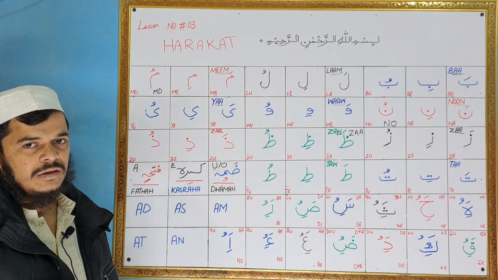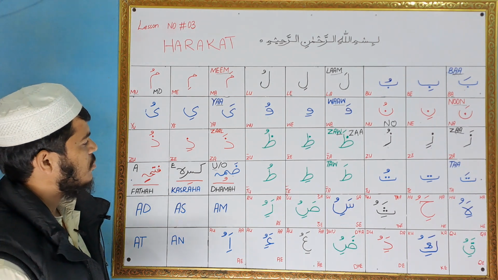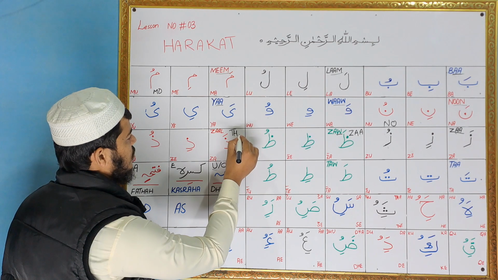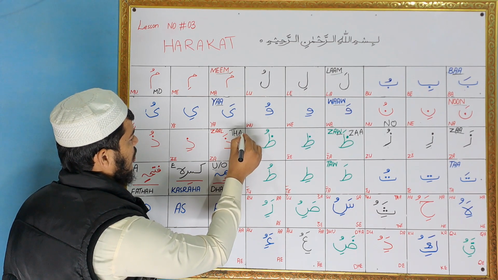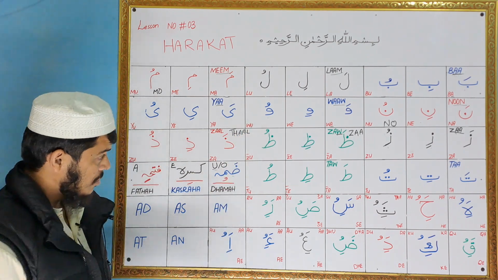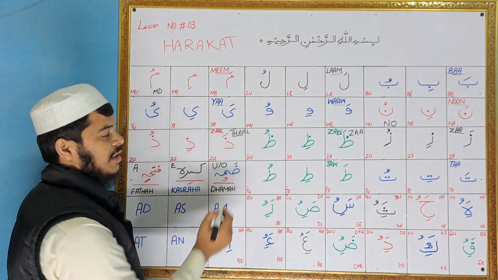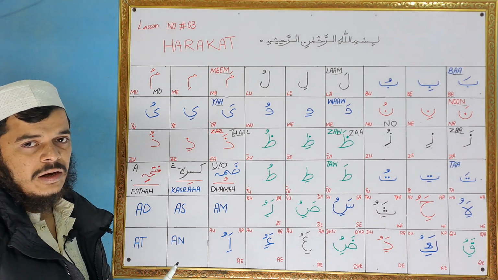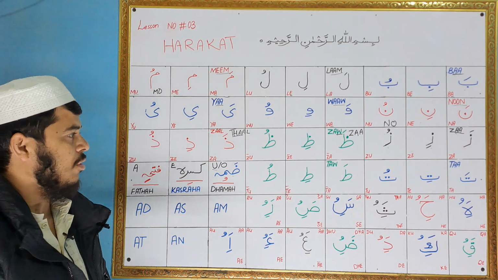Zal is a very soft letter, so sometimes you will see the spelling with TH, A and L. It is just to show that the sound is really soft.